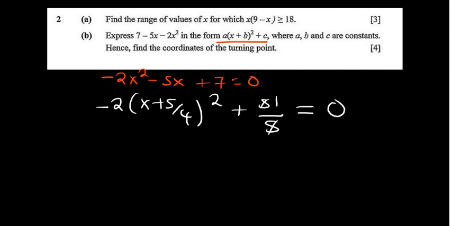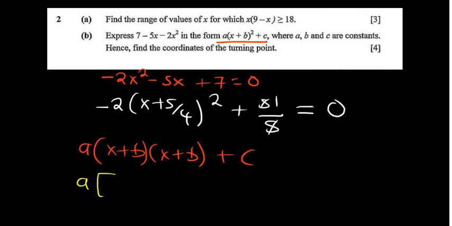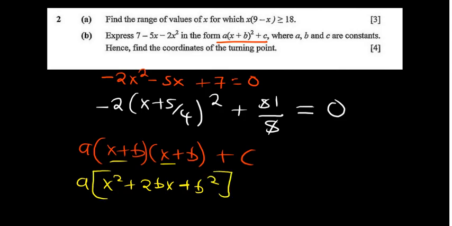So how do you expand it? You can have a(x plus b) multiplied by (x plus b) plus c. If you expand it, x times x is x squared, so it will be x squared plus 2bx plus b squared, plus c.